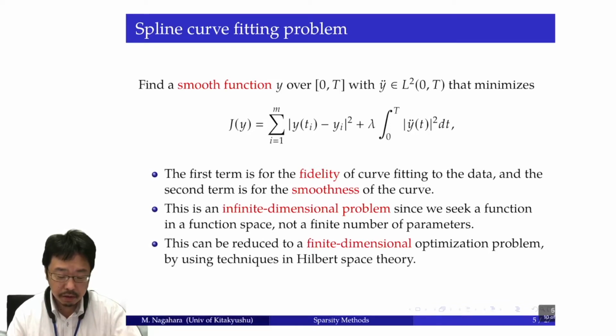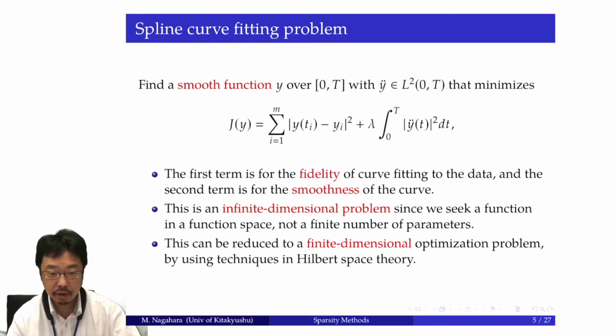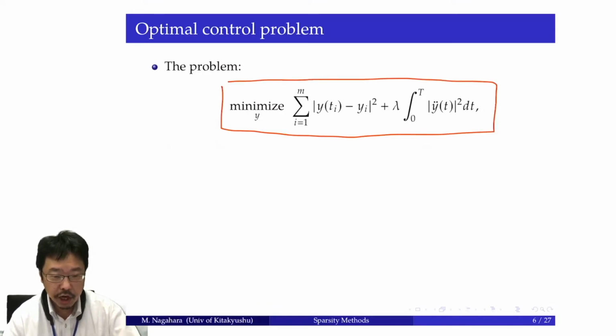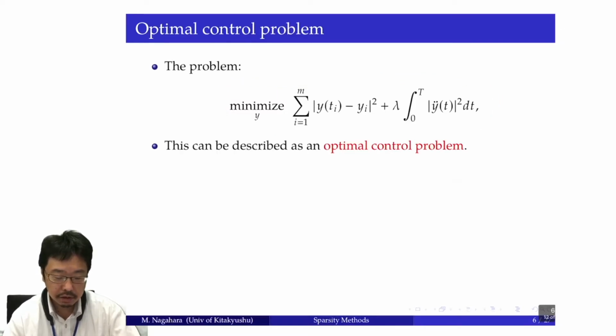This can be reduced to a finite dimensional optimization problem by using techniques in Hilbert space theory. I will explain this in more detail. The problem is given by this. By the change of variable, this can be described as an optimal control problem as follows.